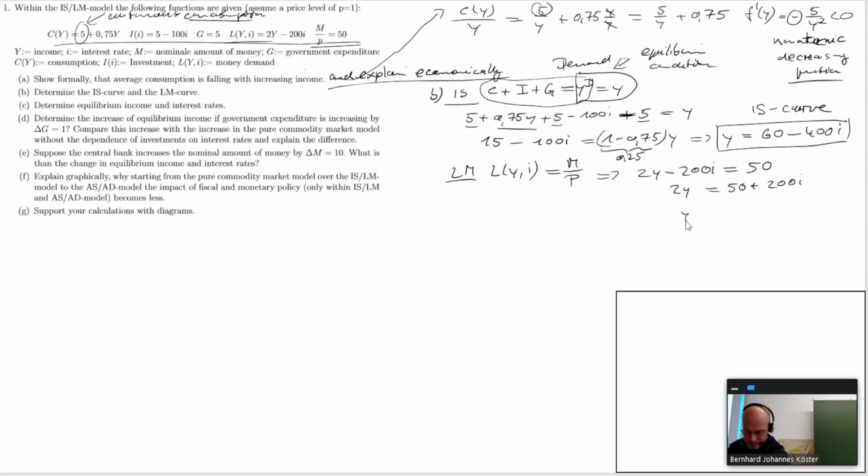Dividing by 2, y is 25 plus 100i. This is our LM curve. This is just the given money demand.